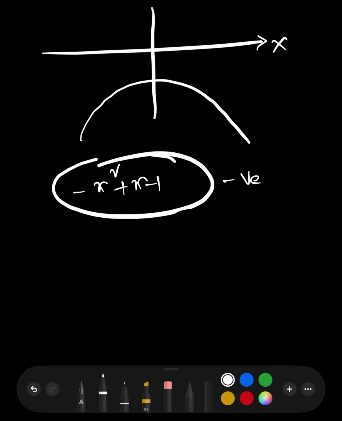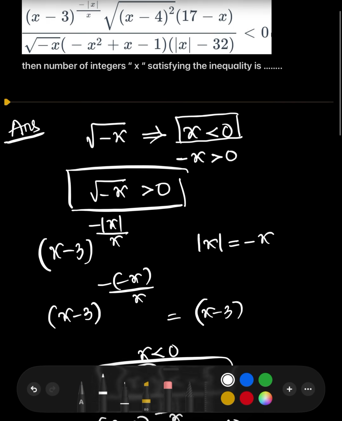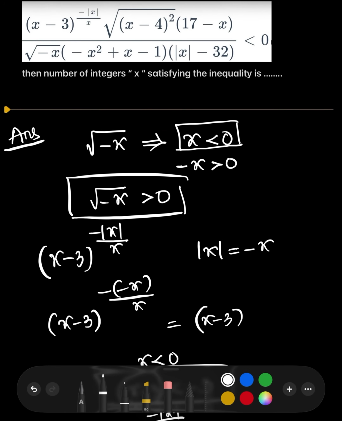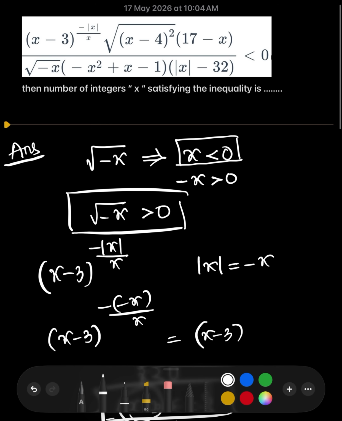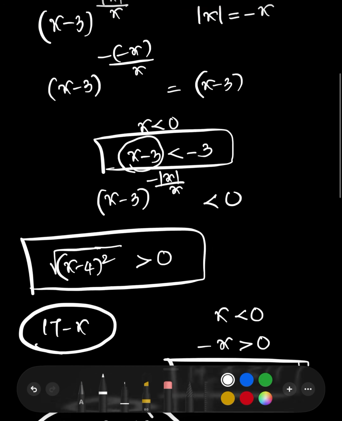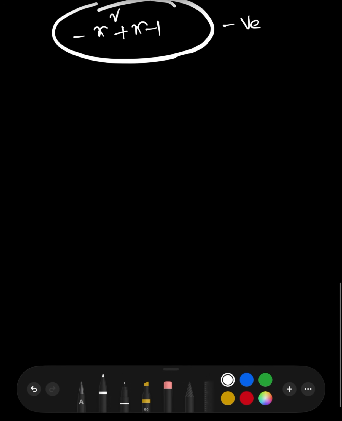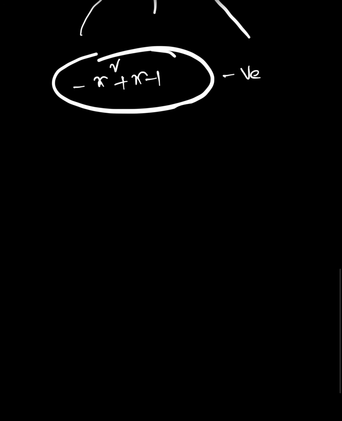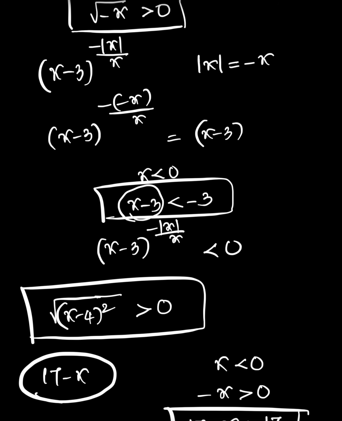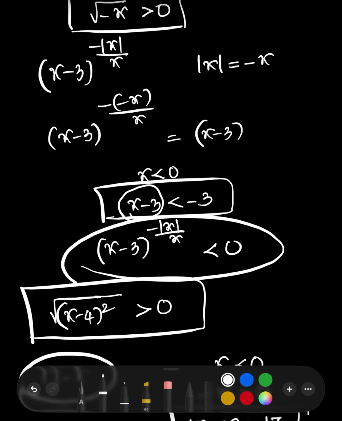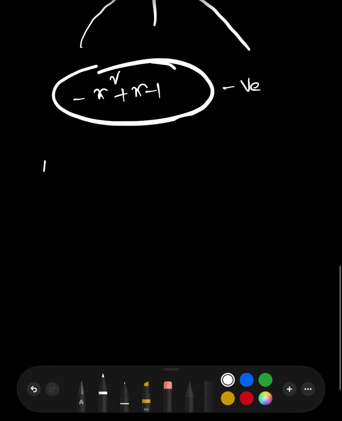Now move on to the question, one by one. (x minus 3) to the power of minus |x| by x is negative, root over (x minus 4) whole square is positive, and 17 minus x is positive. First one is negative.